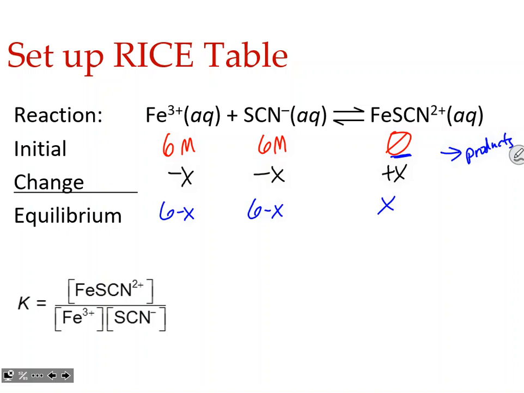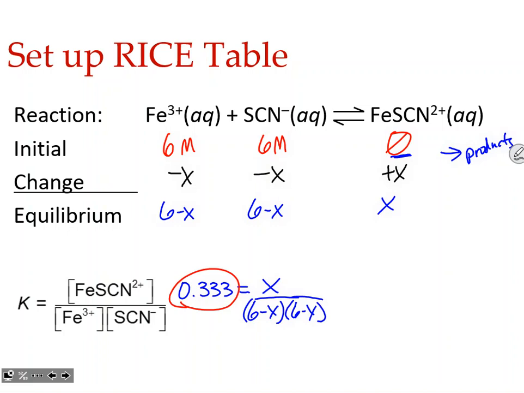Then you just plug it in like before. So it's going to be x over (6 minus x) squared. This one involves graphing, which is the faster method rather than trying to solve this through the quadratic method. So go ahead and take a moment to graph it, and look for the intersection, the smaller one that makes sense.